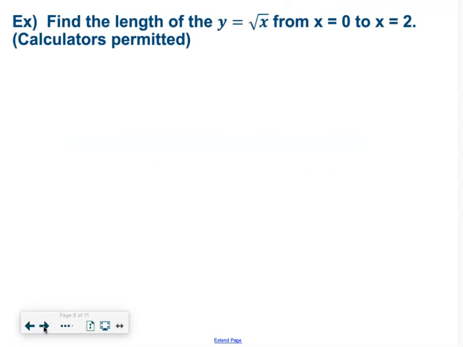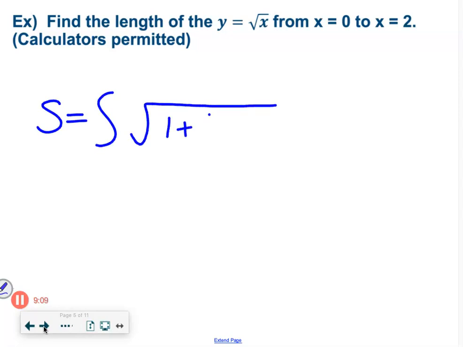Okay, so we're going to start by redoing the warm-up. Find the length of y equals root x from x equals 0 to x equals 2. Calculators are permitted. So when you set these up, it's the square root of 1 plus something squared.